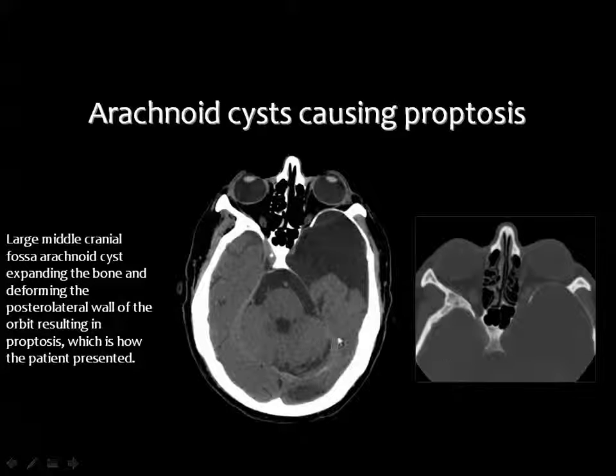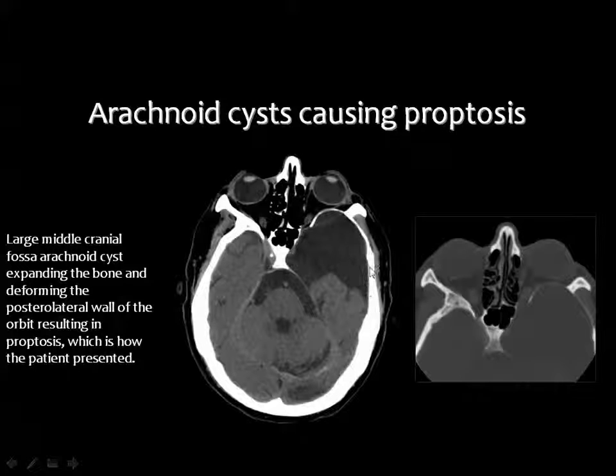Look at this typical appearance of an arachnoid cyst in the inferior part of the temporal lobe and posterior to the greater wing of the sphenoid.